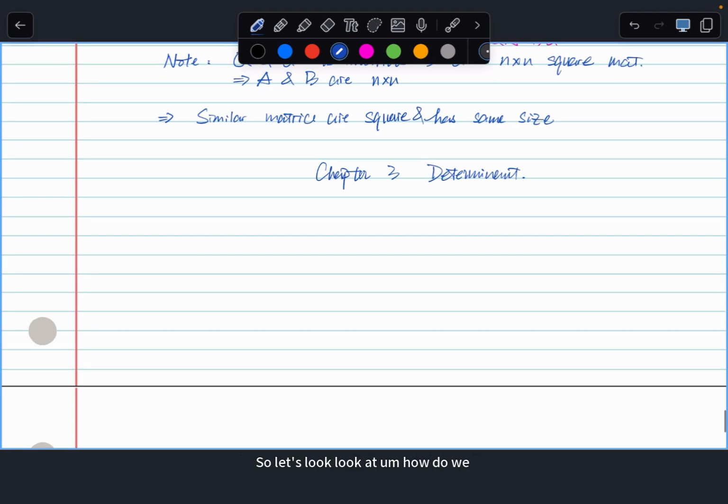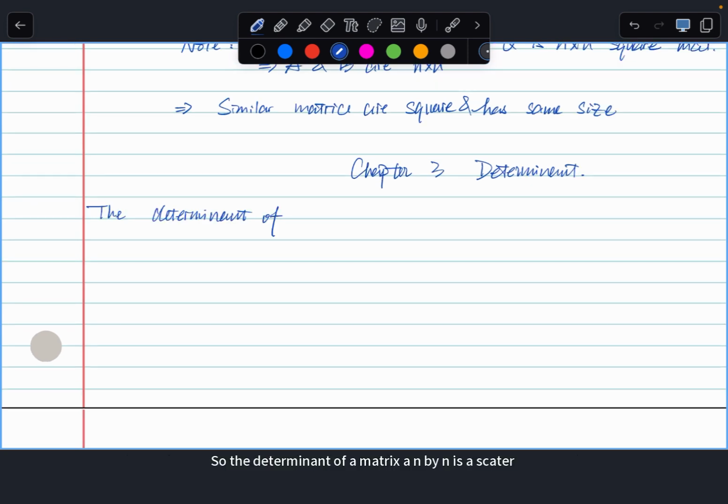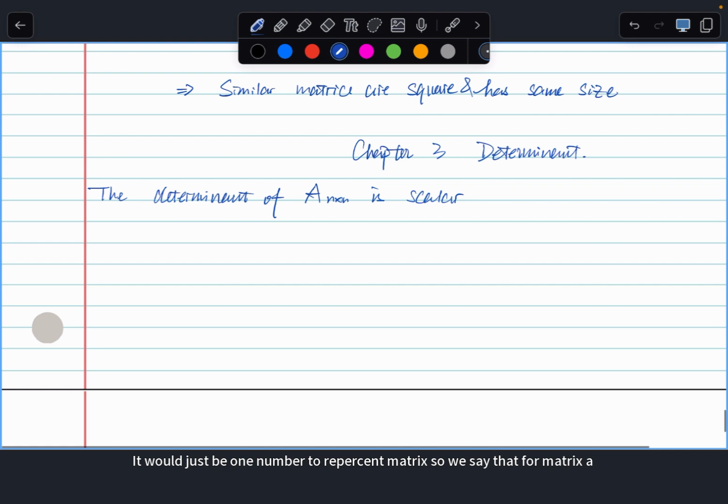So let's look at how we define the determinant. The determinant is defined on square matrices. So the determinant of an n by n matrix A is a scalar. It will just be one number to represent a matrix.